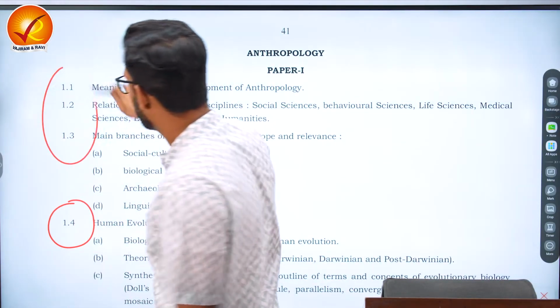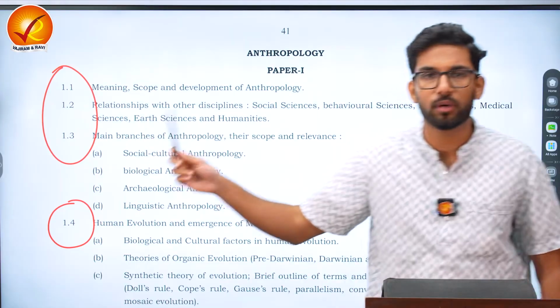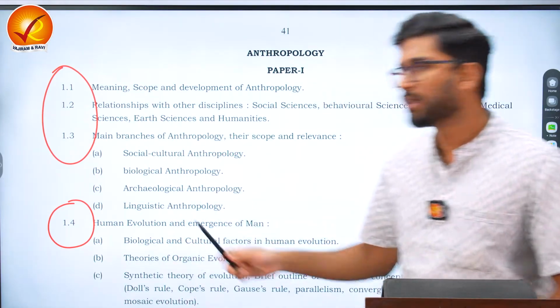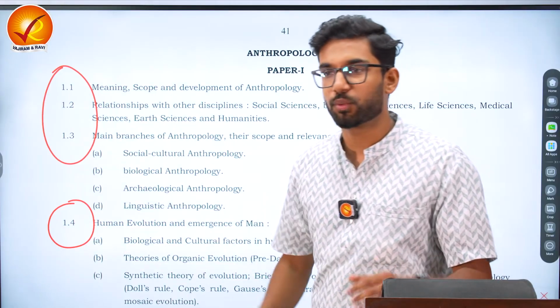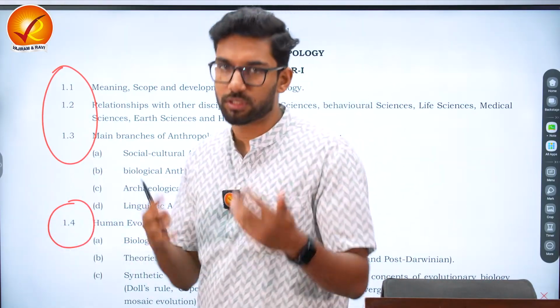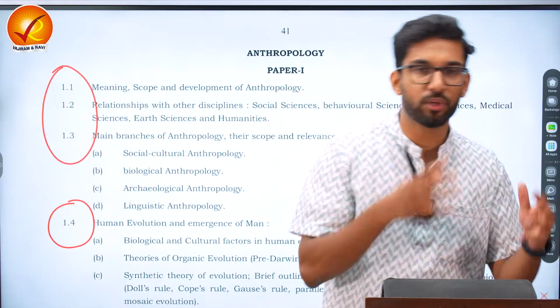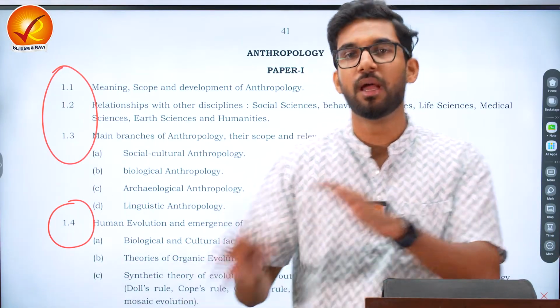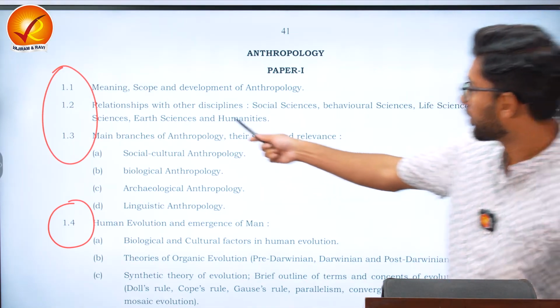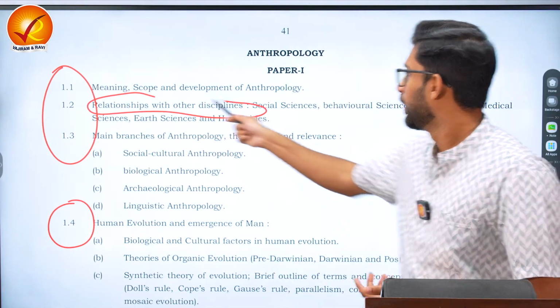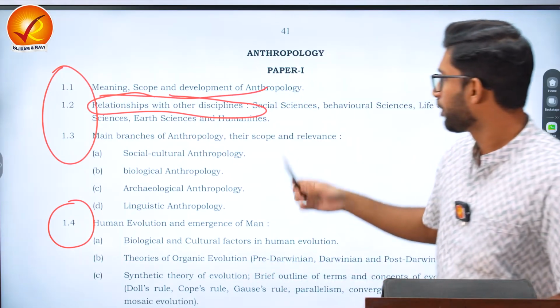See, the first three units, 1.1, 1.2, 1.3, are very generic units, and these are actually units which introduce you to the subject. What is anthropology? How is it related to sociology? How is it related to other fields? You could see here, relationship with other disciplines, meaning, scope, and development.